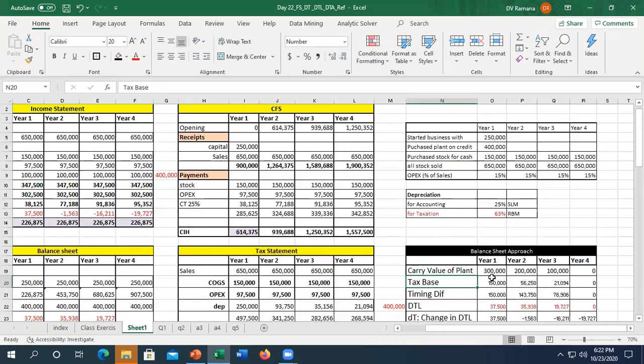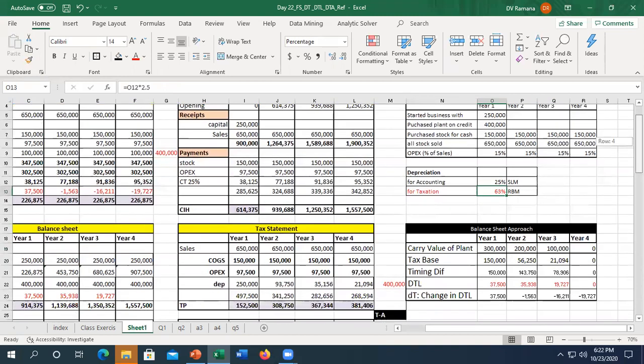The tax base is the value of the plant minus the depreciation allowed for taxation. And depreciation for the purpose of tax is 63% RBM, and for accounting, it is 25% SLM.